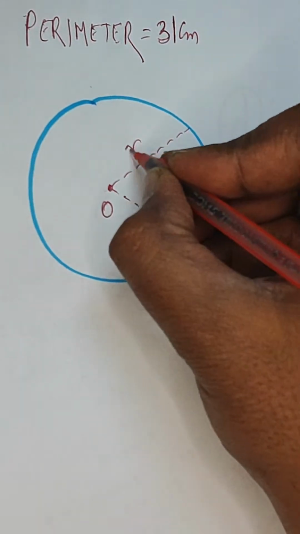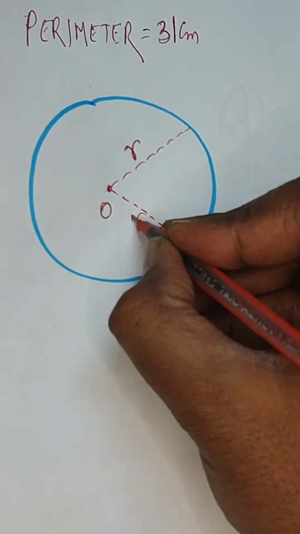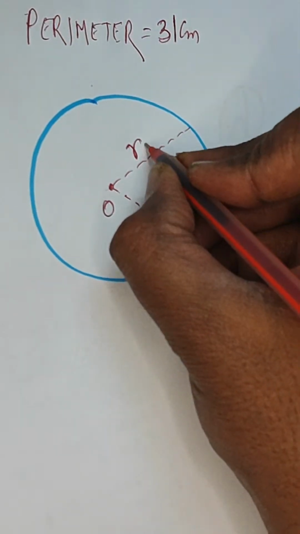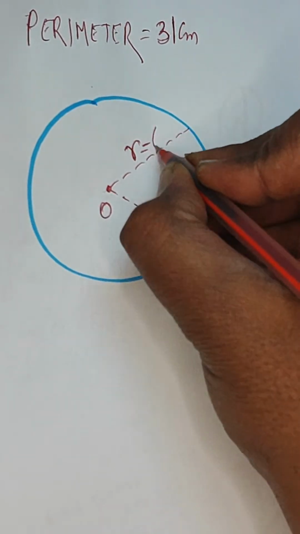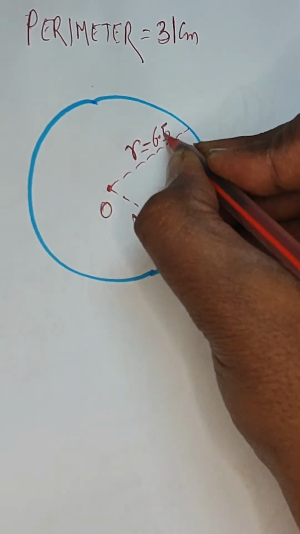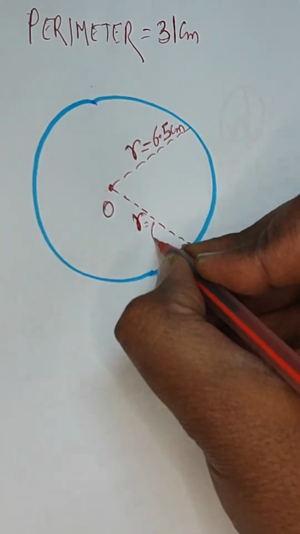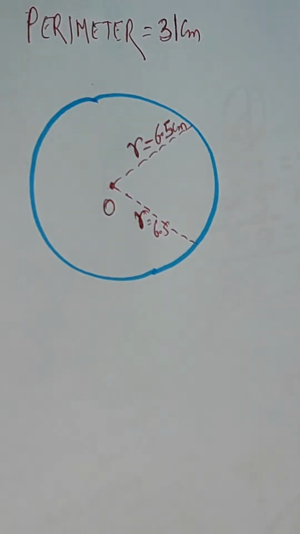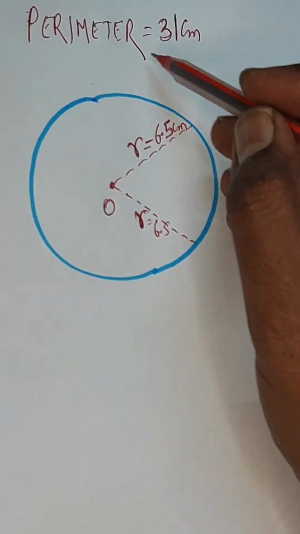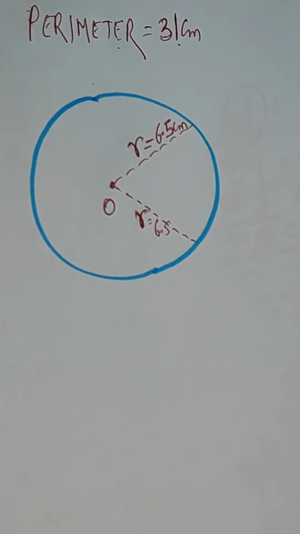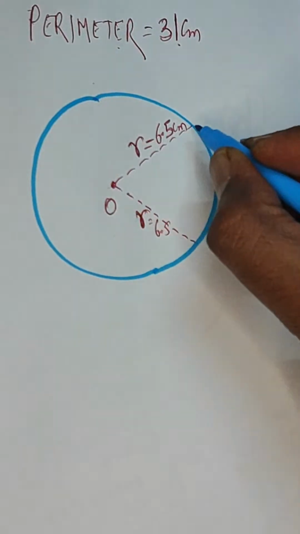So this is radius 1 and this is radius 2, because both are radii of the same circle, and it's given that the radius of the circle is 6.5 centimeter.